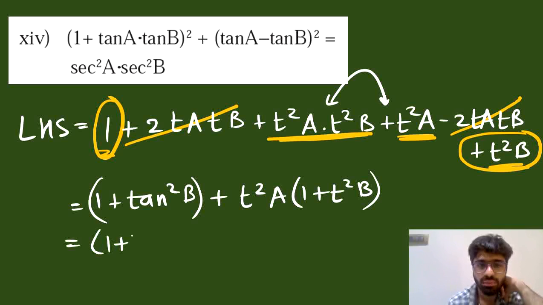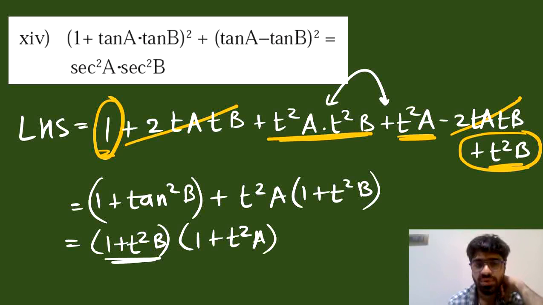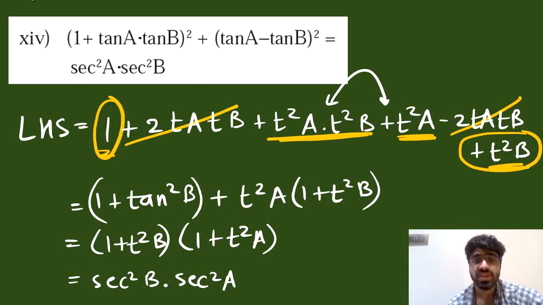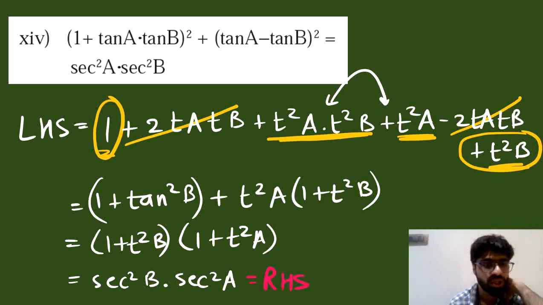So this becomes 1 plus tan square b into 1 plus tan square a. This becomes sec square b multiplied by the second term, which is sec square a. And yeah, that is precisely what you had to prove. Okay, so here's where you have your right hand side, and that completes the 14th question.